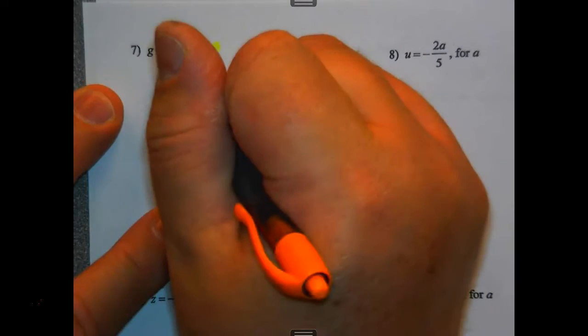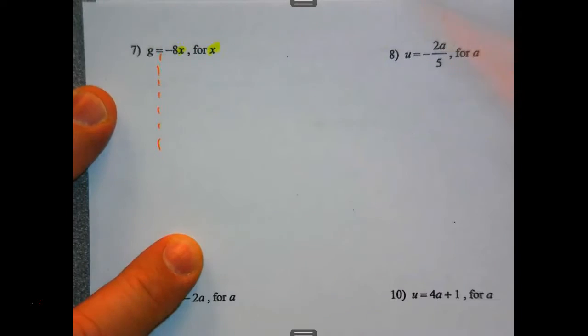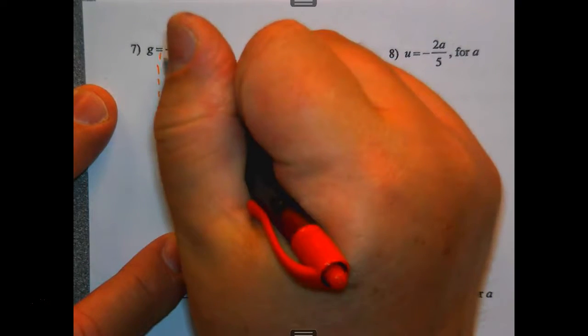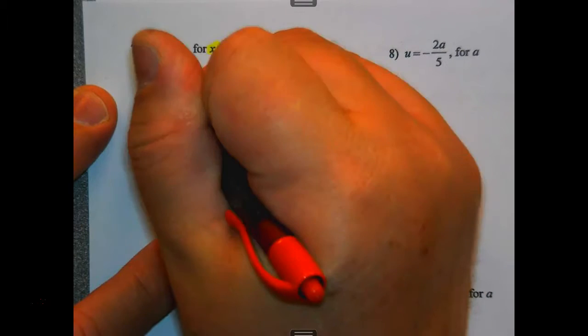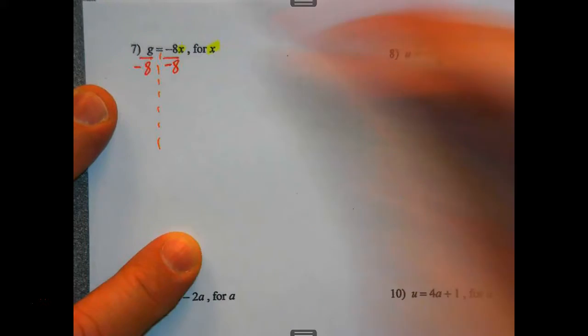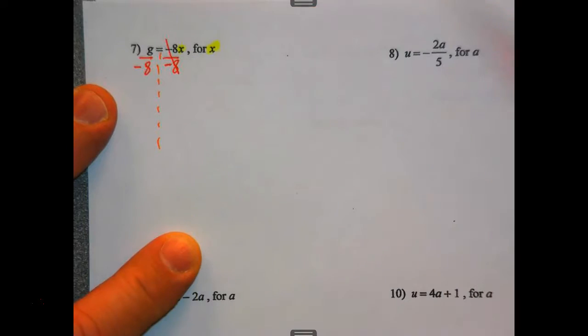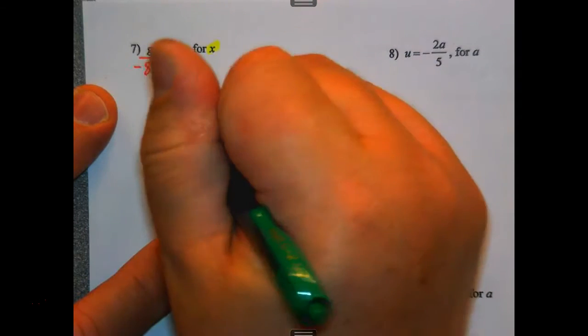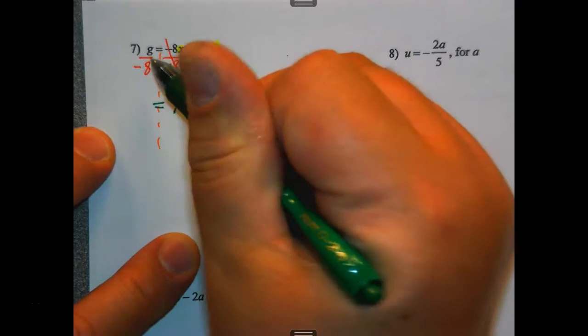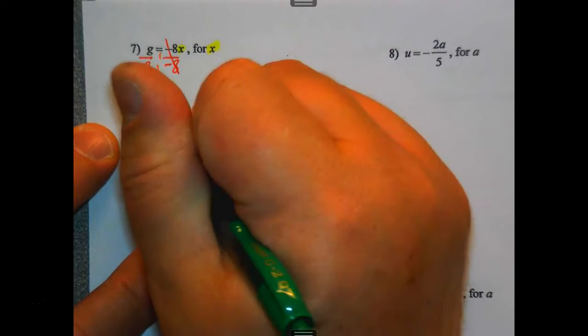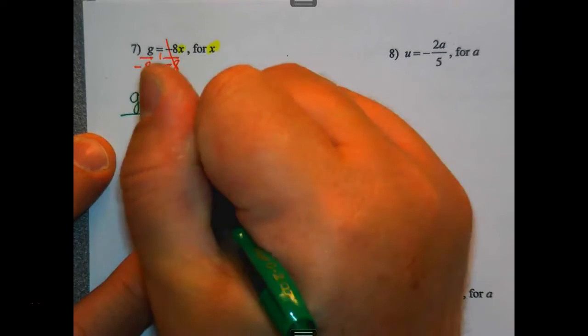So all I have to do is just divide both sides by -8. My -8's cancel, I get x. And on the left-hand side, I have b divided by -8.